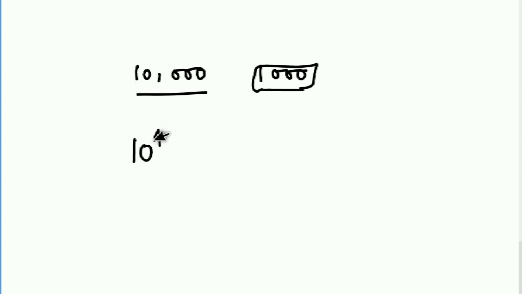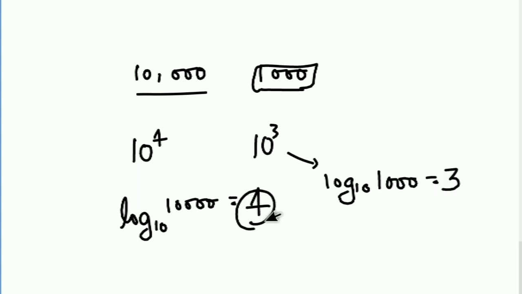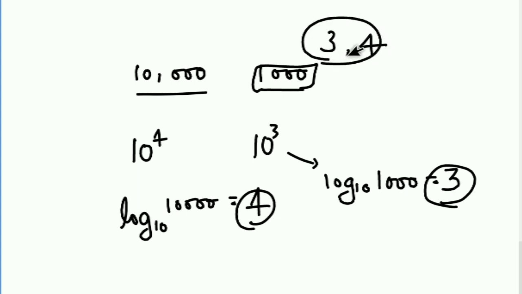So 10 raised to 4 is 10,000, and 1000 is 10 raised to 3. So log to the base 10 of 10,000 is equal to 4, and log to the base 10 of 1000 is equal to 3. So the log values of these data values, 4 and 3, are now more comparable. Okay.